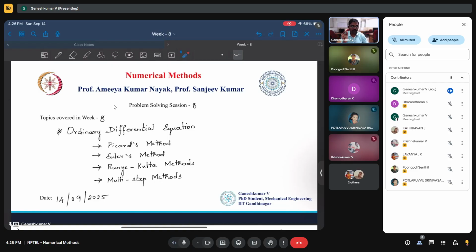But if you're solving trajectory planning for satellites or rockets, the orbit calculations require you to solve ordinary differential equations, and you need an accuracy up to the 12th decimal. So there you will go for more accurate methods. That's where predictor corrector methods will come in. Depending upon the applications, the methodologies keep changing.